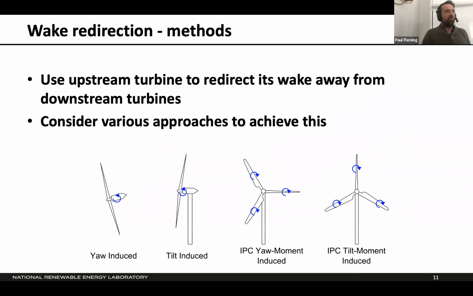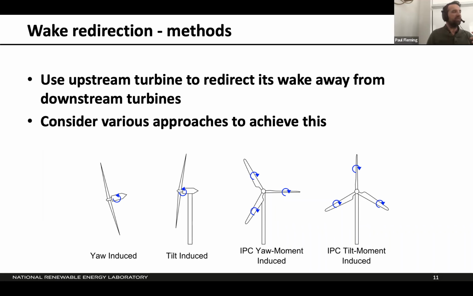If we think about wake redirection methods, zooming in here, this is where I personally have spent most of my time. This is trying to come up with a way to get the wake, this slow mass of flow behind a turbine after the energy is extracted, to not just necessarily propagate gently downstream if that's going right towards another turbine, but look at ways to have it go someplace else, or to change its properties into something better for the turbine following it.